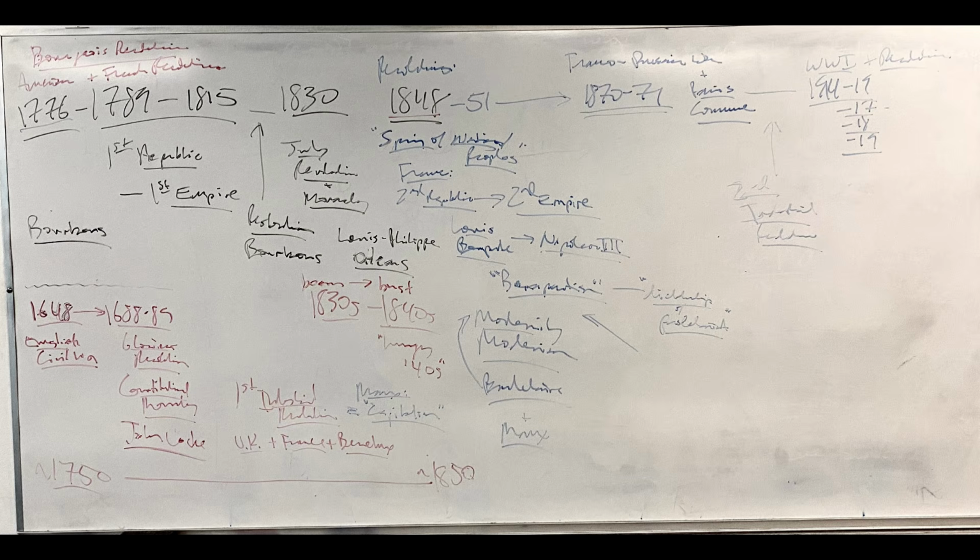And modernity here means capitalism. The Industrial Revolution is what Marx called capitalism, or the capitalist mode of production. The capitalist mode of production is the contradiction of bourgeois social relations and industrial forces of production.